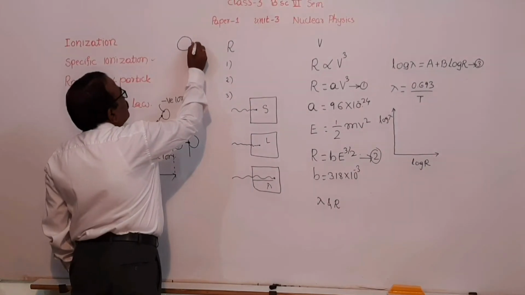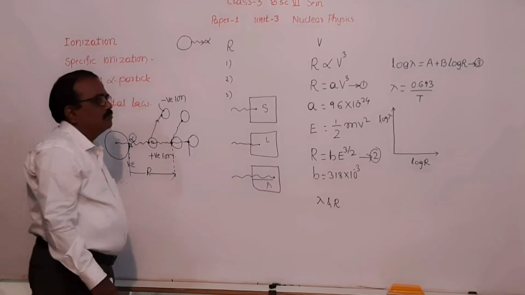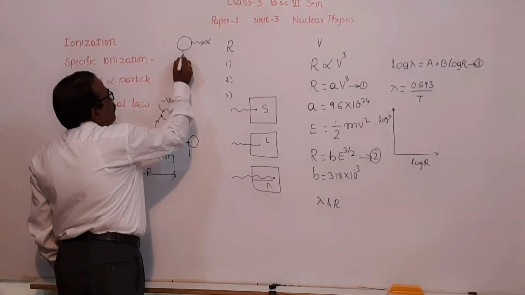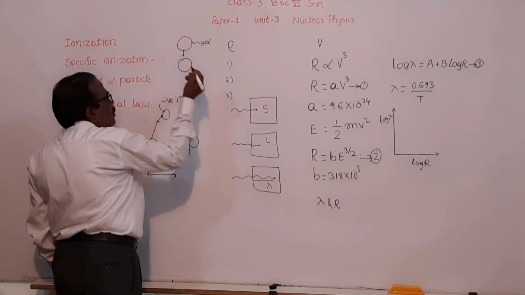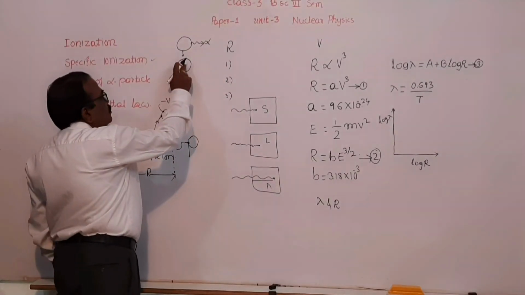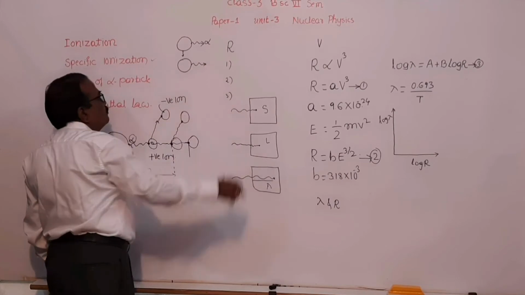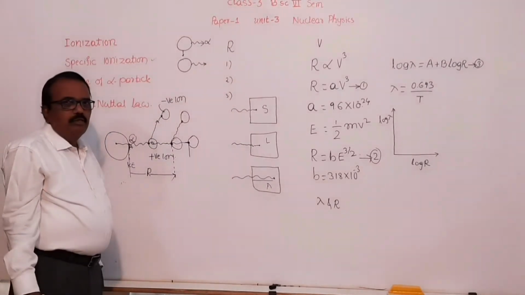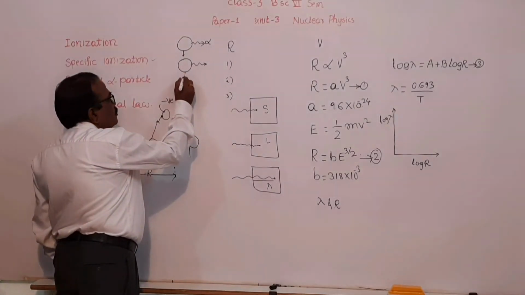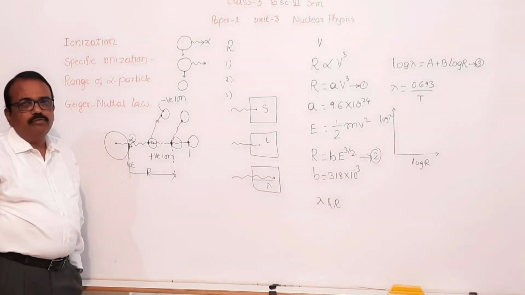It emits alpha or beta or gamma radiation. It changes into another element because mass number and atomic number change. If this is still a radioactive element, it once again emits alpha, beta, gamma radiation. This process continues. It is called a radioactive series.